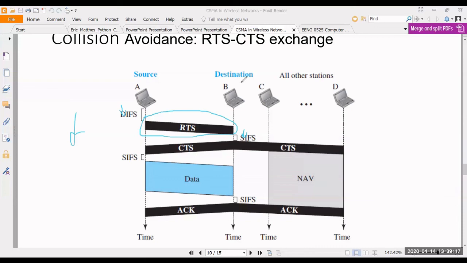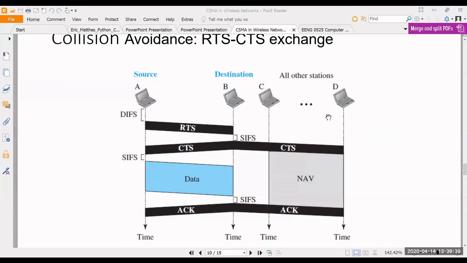The request clears the whole medium for it to transmit, so data goes straight through. So I'm asking you, where can there be a collision?